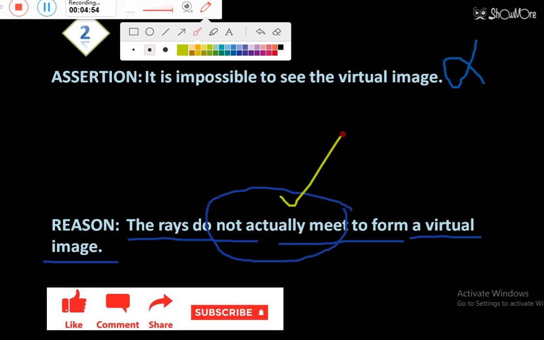So this statement is right: rays do not actually meet to form a virtual image. The assertion is wrong here. So your answer will be option number D, that is, assertion is false but the reason is true. So D is the right answer for this second question.